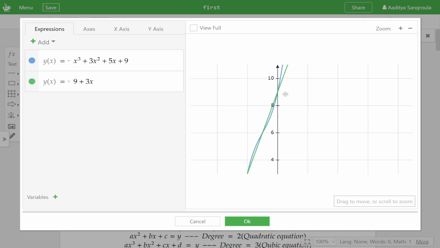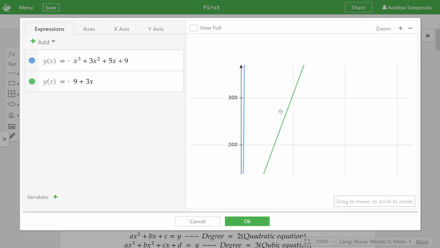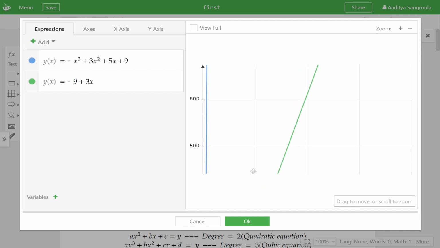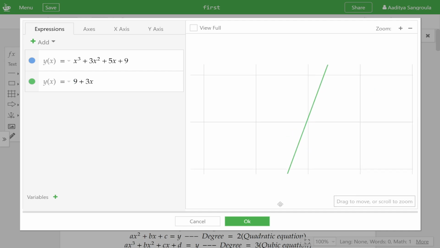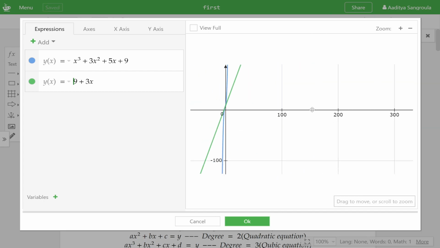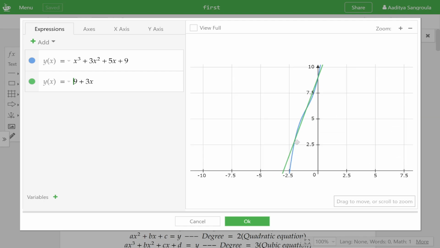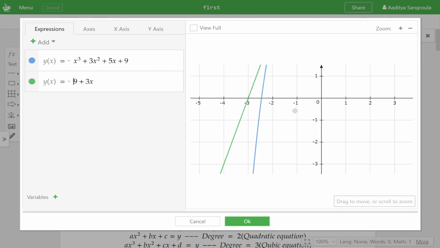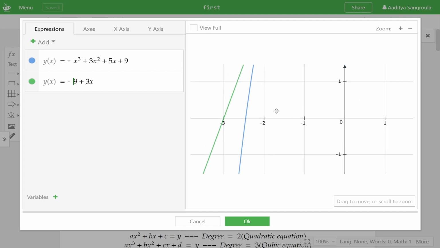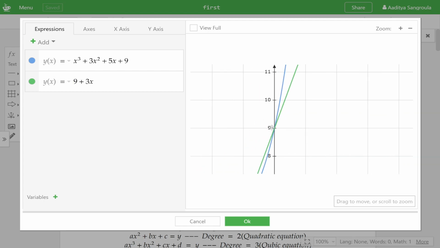I need to look at a good point here, like an exact point that I can get the value of. Okay, here. When x is minus 2.5, what is the value of y? It should be 9, right?